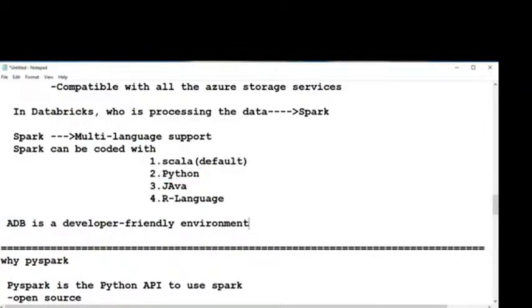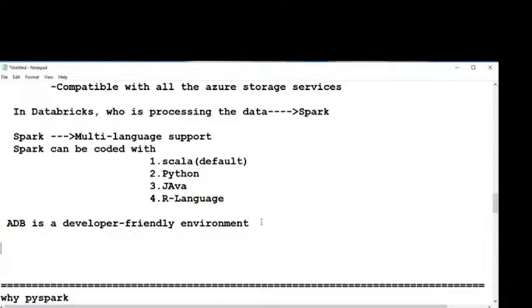For example, a very small example. In Java, if you want to define a variable, you say int x equal to 10.